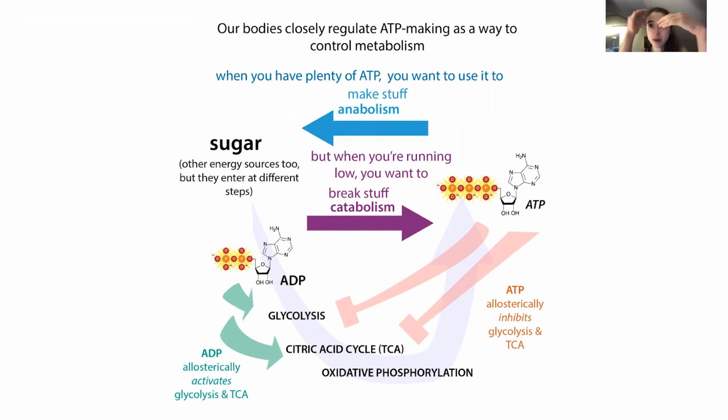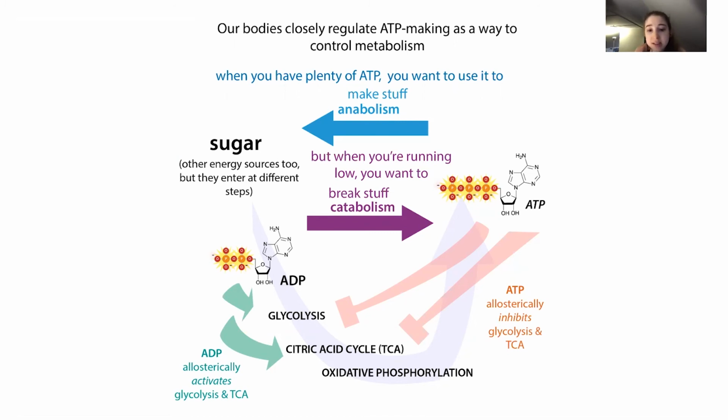If you keep breaking these molecules down all the way, you get the most energy, but now you're going to have to remake those intermediate pieces from scratch. And so you don't want to do that. So if you have a lot of ATP, you want your cells to stop breaking things down, at least for a bit, while you use up the ATP you have.